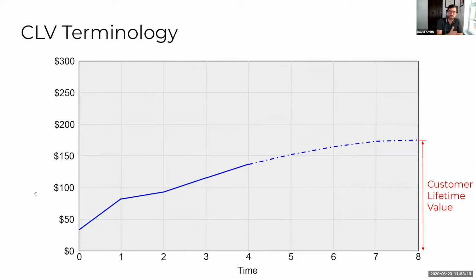So maybe we want to measure it along two different dimensions. One is, we can do the survival analysis of their contract, but also can we understand if they're using the system? Are they an engaged user?